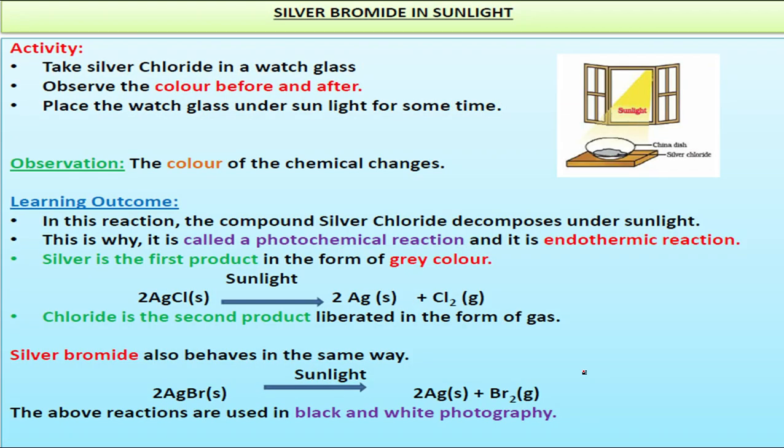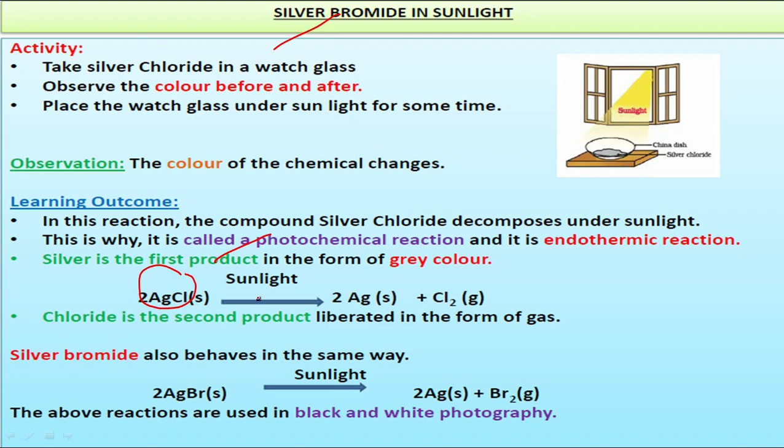One more reaction is there where we will observe a decomposition, but this decomposition will take place in the presence of photochemical energy, that is the sunlight energy. So we have taken silver chloride in a watch glass and kept it under the sunlight.